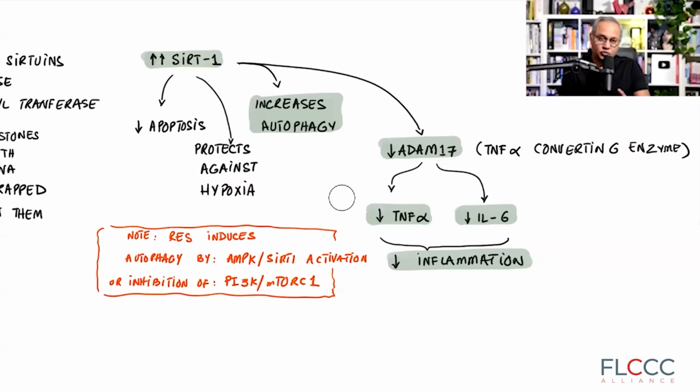We want them to do autophagy and become healthy instead of just dying. Resveratrol would cause SIRT1 to increase inside the cell, which would reduce the cell's capability to die. It would ask the cell not to die. What a beautiful help.